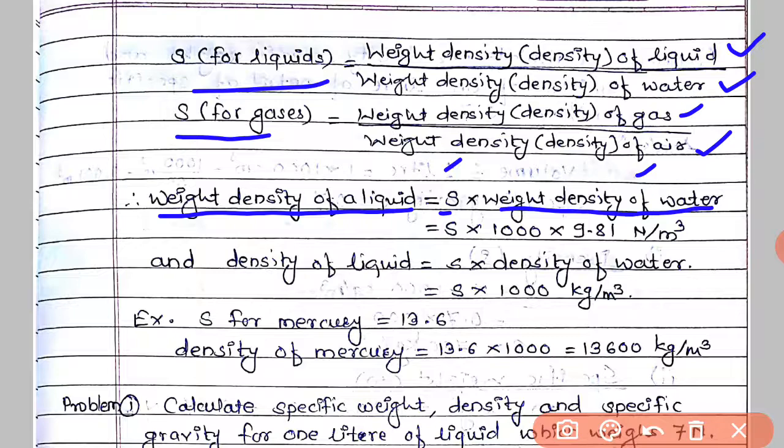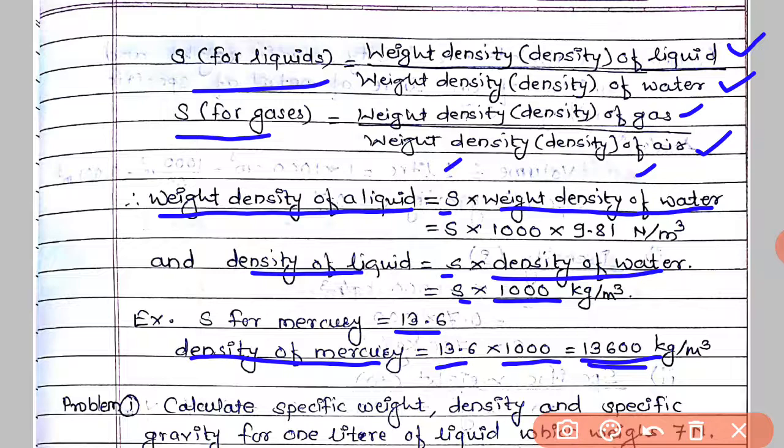So density of liquid is equal to S into density of water, equal to S into 1000. The specific gravity of mercury is 13.6, so density for mercury will be 13.6 into 1000. So this will be the value of density for mercury.